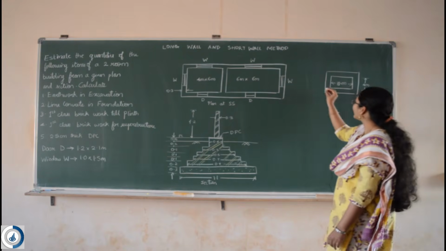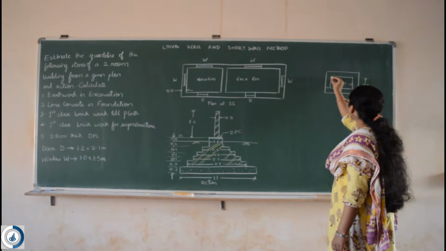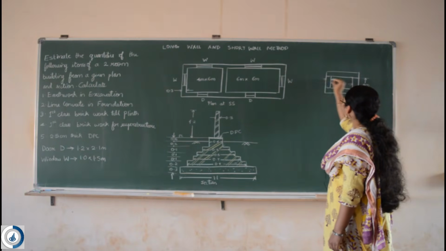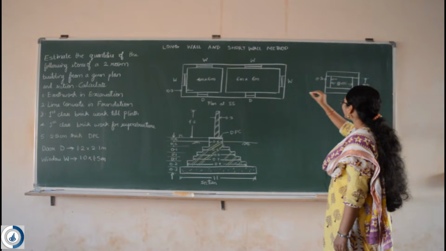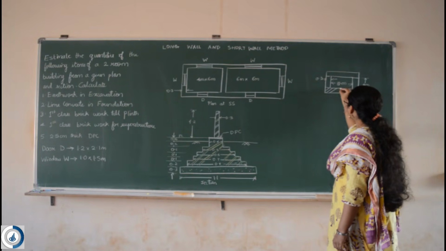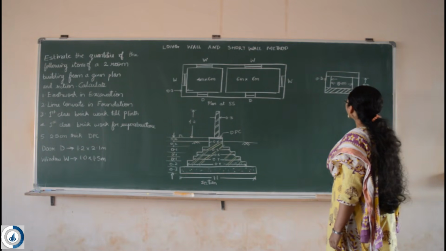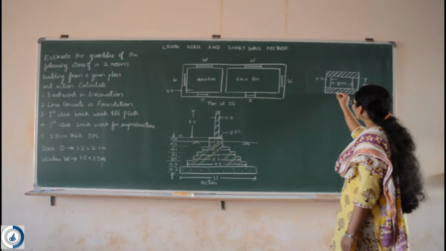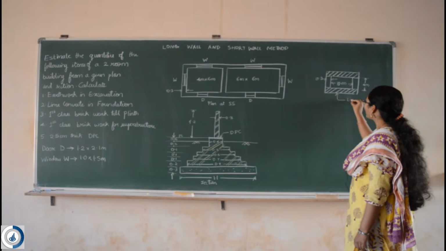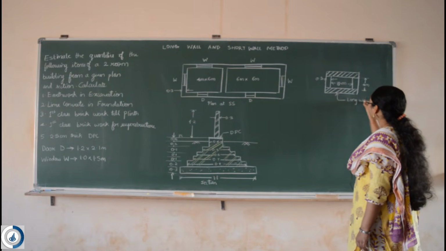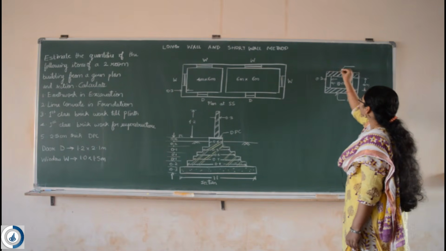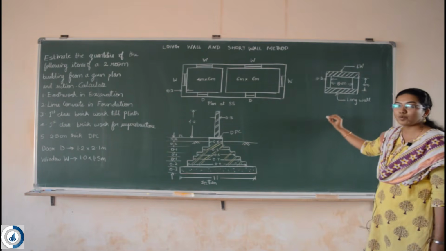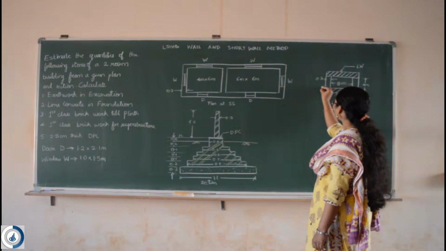So what I'll be doing is dividing it into 2 parts, where the wall thickness I'll consider as 0.3. The longer length I am going to divide with respect to the thickness of the wall. So this becomes the long wall. Even this will be the long wall. The remaining 2 parts will be considered as short walls.